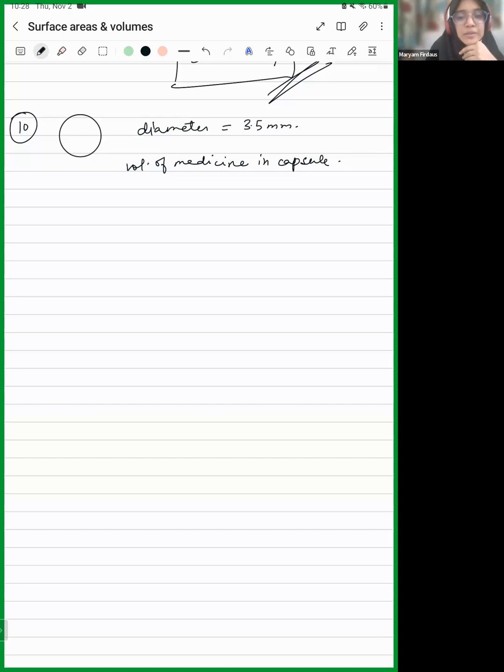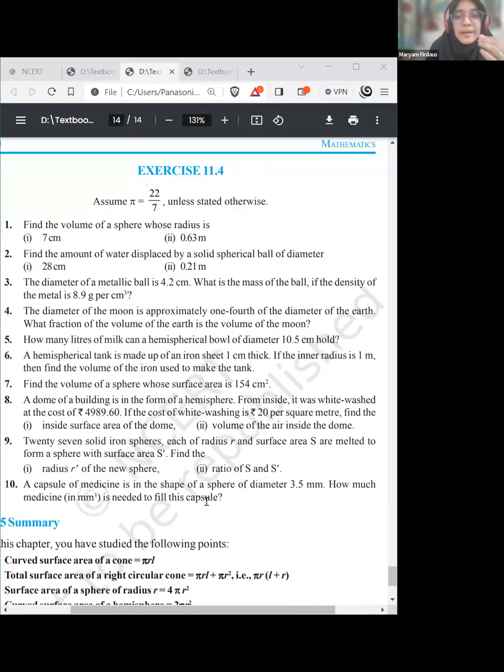The question is clear to everyone. Can you explain it once? See, I'll just share the screen. There is a medicine capsule, which is in the shape of a sphere.